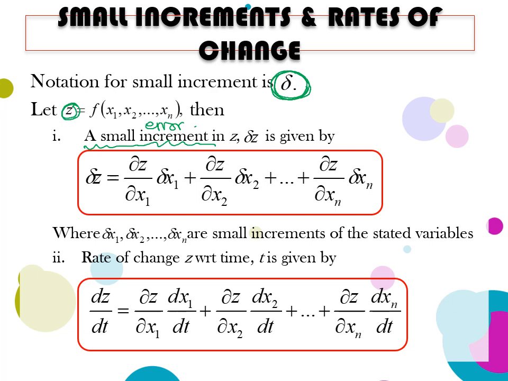Okay, in order to find the error or small increment of function z, we'll be using this formula, where the small increment in z is equivalent to the partial derivative with respect to each of the variables you have, and then multiplied with the small increment of the respective variable.